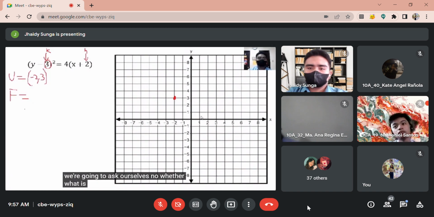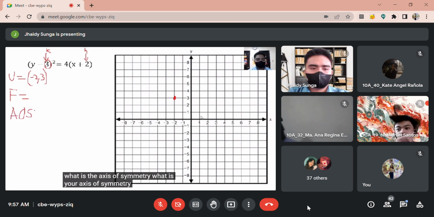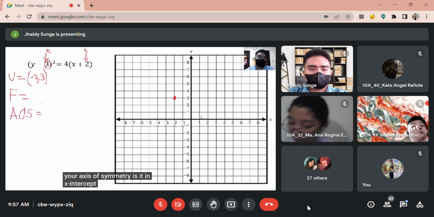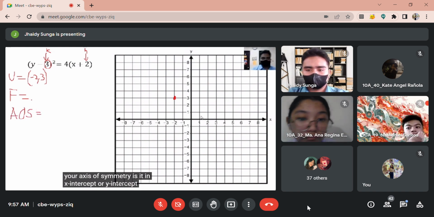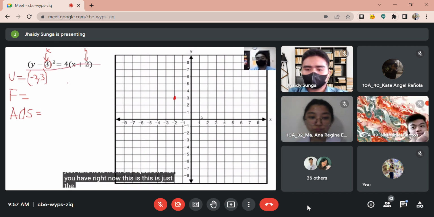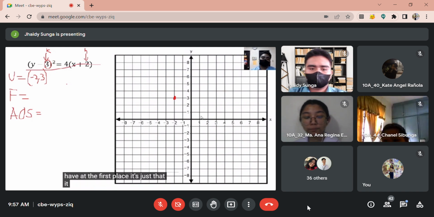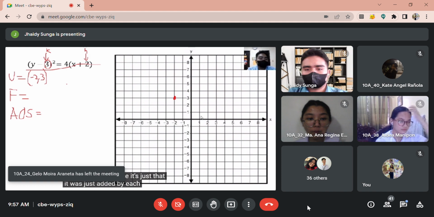In order for us to find the focus, we're going to ask ourselves, what is the axis of symmetry? Is it in x-intercept or y-intercept? Just take note from the equation that you have right now. This is the same as the equation that you had in the first place, it was just added by h and k.